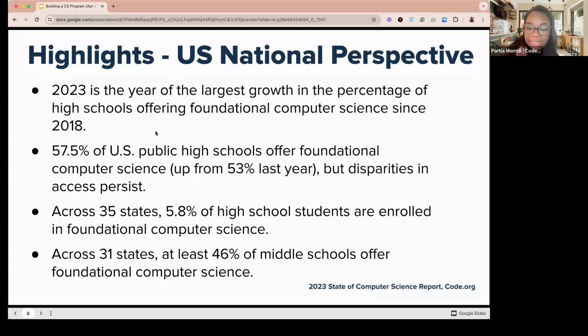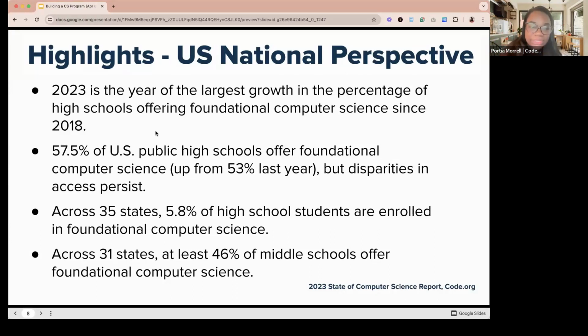This is the most recent report that code.org has released. I just pulled some statistics from there, but I recommend reading the full report because there are state-specific things that you can also look at for your specific state.